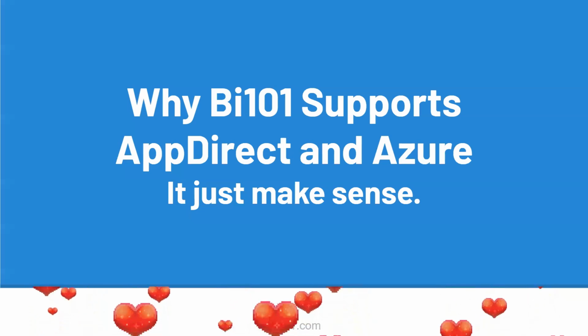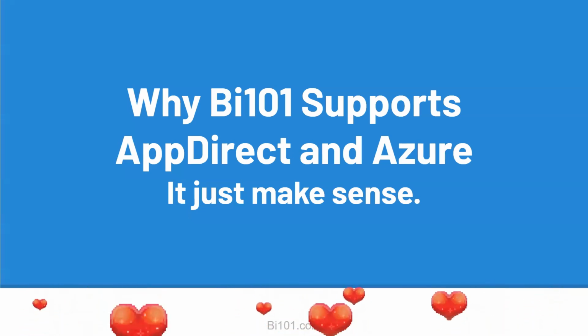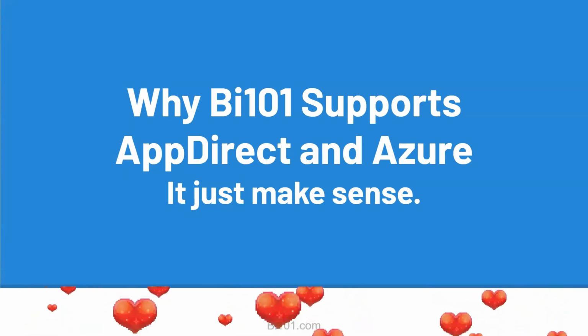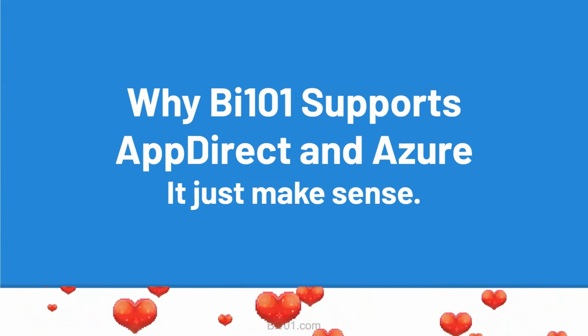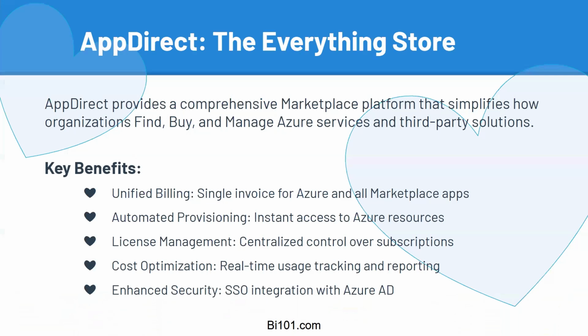Yep. Awesome. And thank you, Raphael, because PI 101 supports AppDirect when it comes to Azure. We use AppDirect for our main platform because it makes sense. AppDirect is the everything store. When it comes specifically to Azure, we'll help you find, buy, and manage all of your Azure services and third-party solutions within the environment.